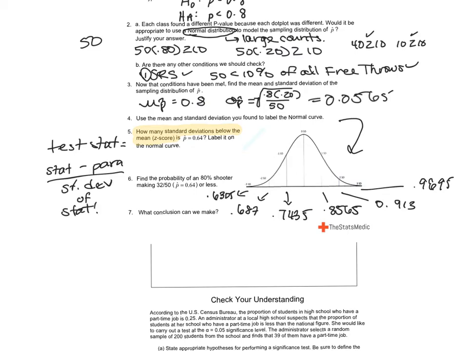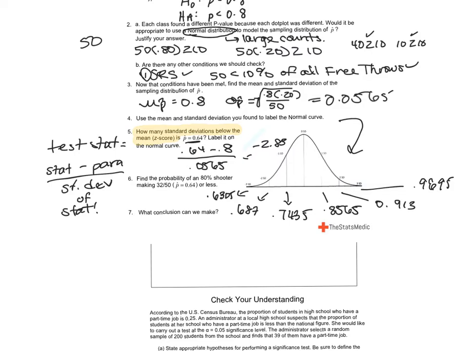Okay, so we're going to do the statistic, which is 0.64, minus the parameter, which is 0.8, over my trusty dusty 0.0565. And when I do that calculation, we find out that the z-score is negative 2.83.